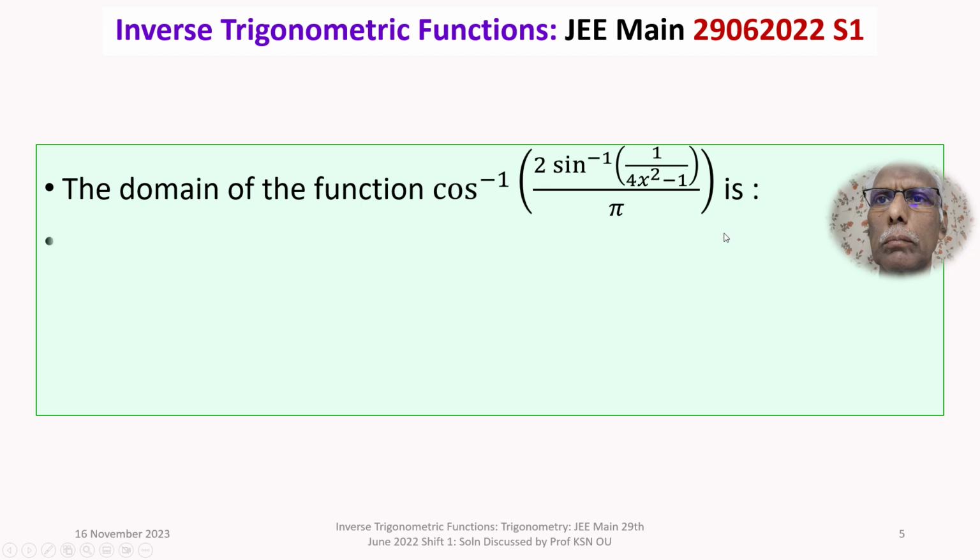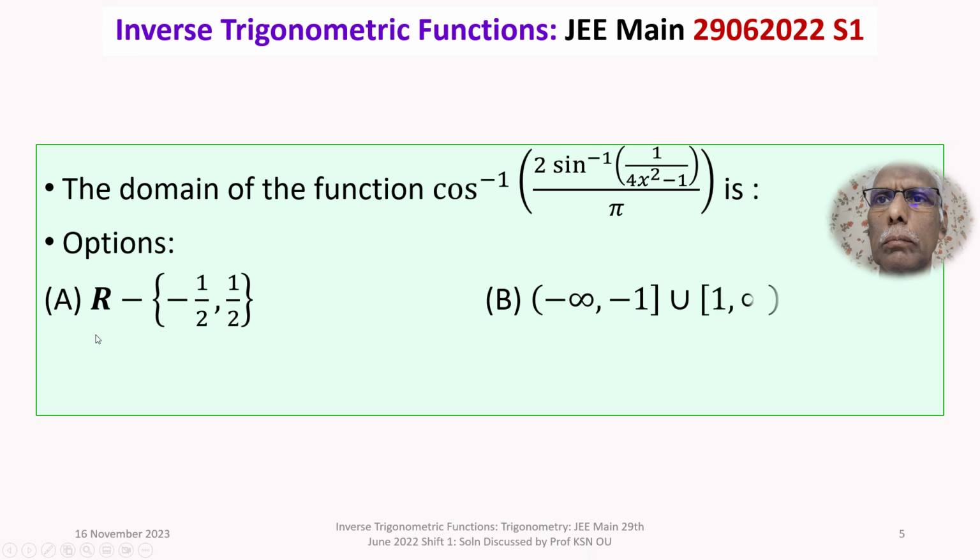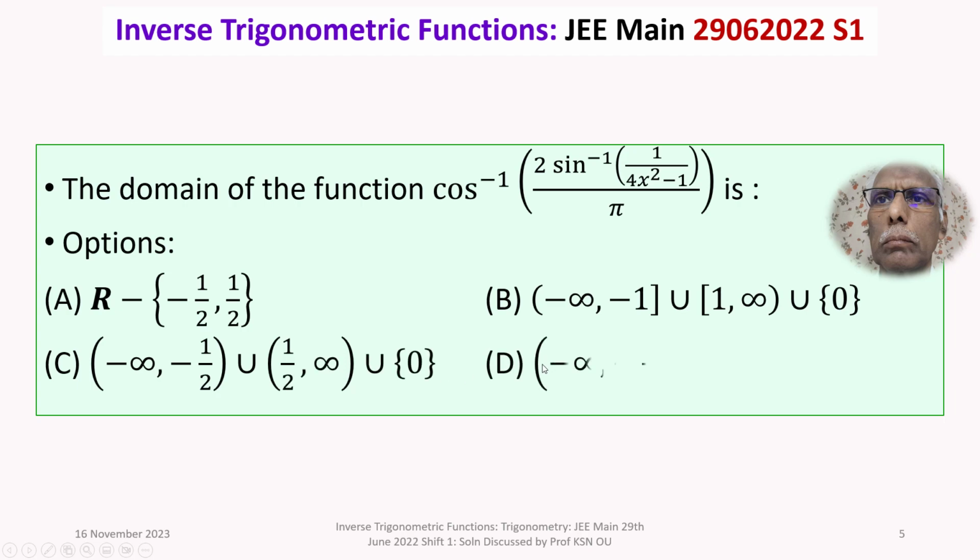We are given 4 options: option A, option B, option C, option D. We are required to find the domain of the function cos inverse of 2 sin inverse of 1 by 4x square minus 1 whole by pi.